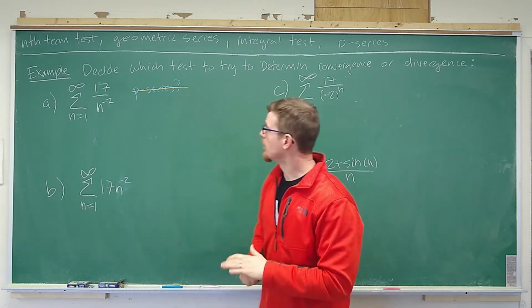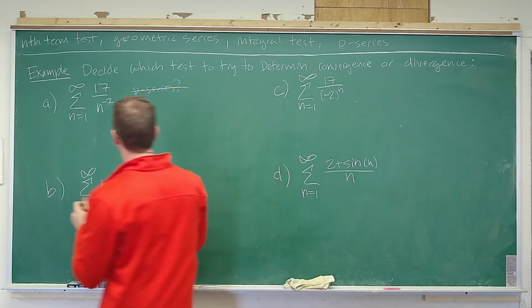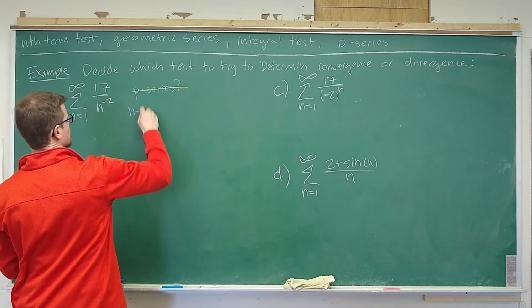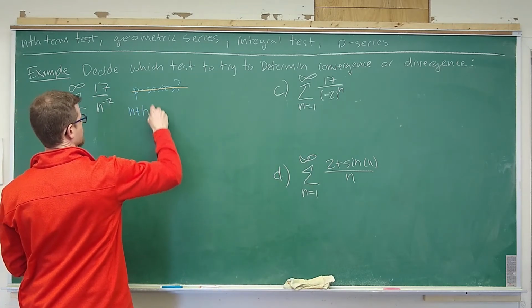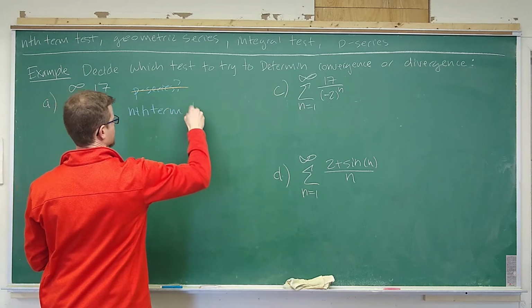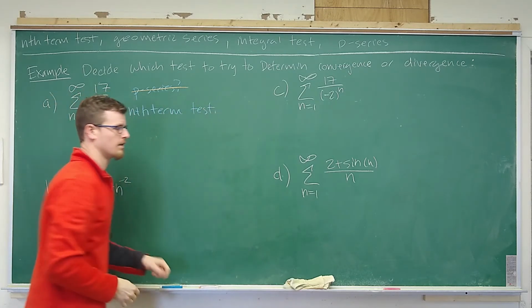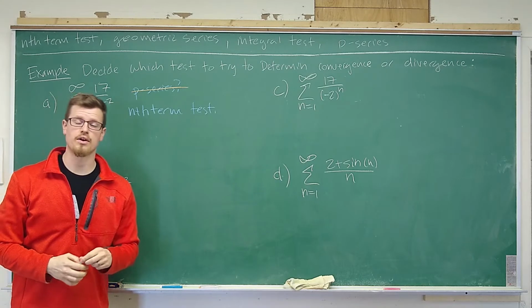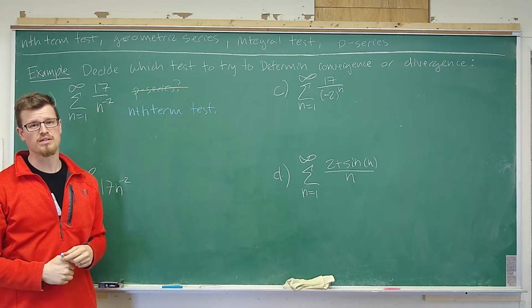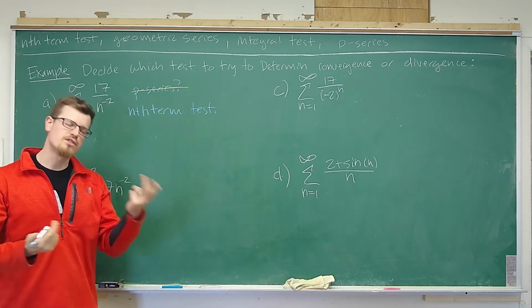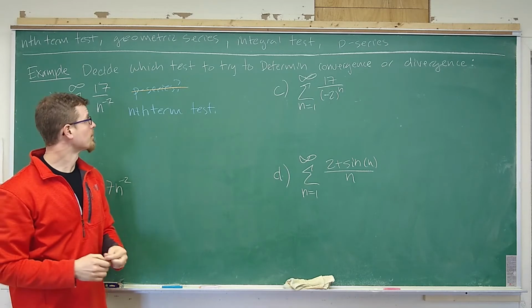And what we would want to use here is the nth term test. That's always a really good place to start because it should be pretty simple for the most part. If it goes to 0, it's inconclusive, which is not helpful.